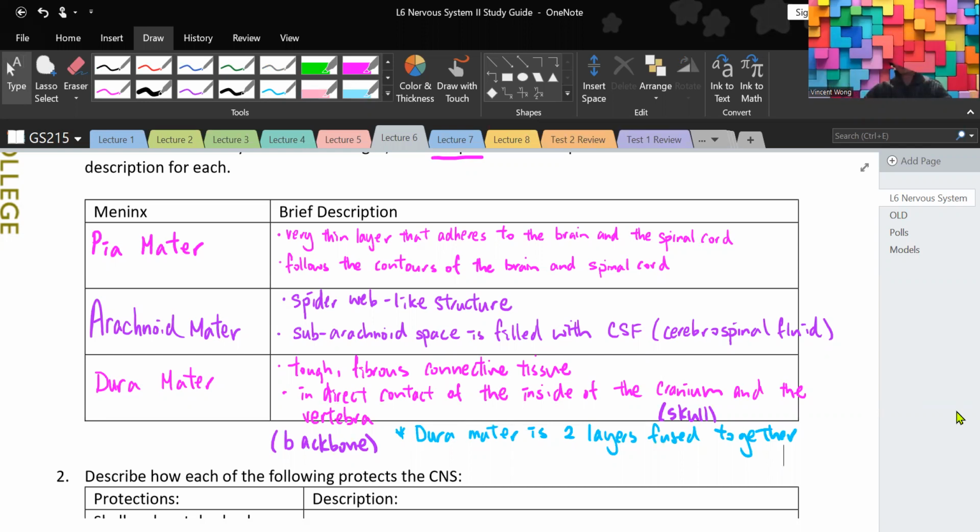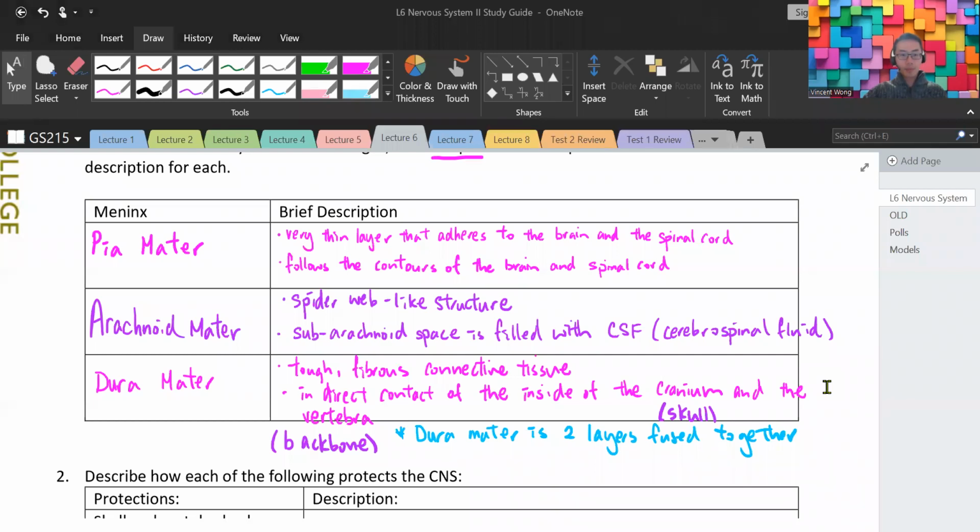Oh, I cannot show you because I turned on my virtual background. Let me see if I can turn that off to show you. Give me 1 second. How do I turn off the virtual background?